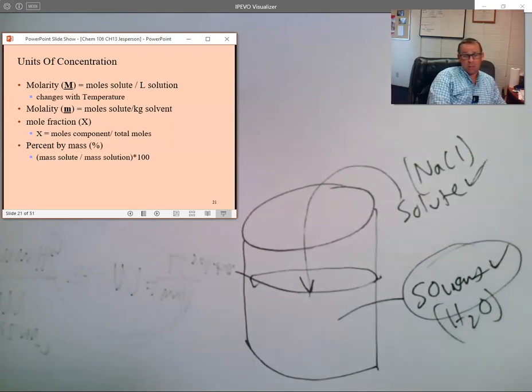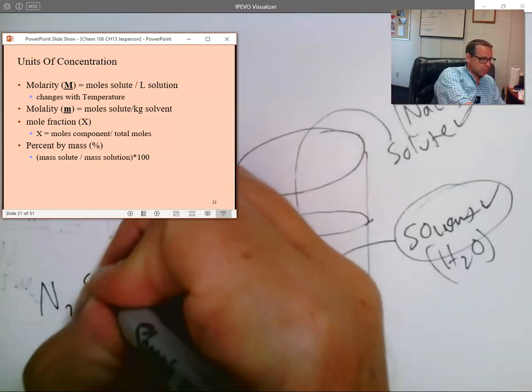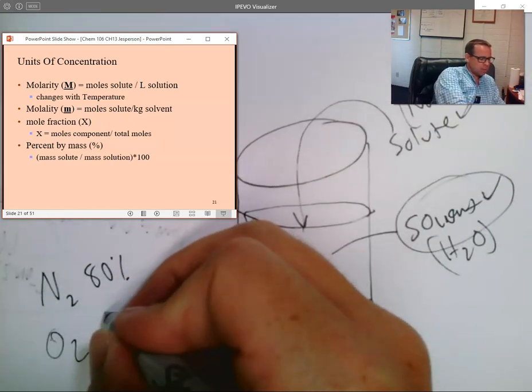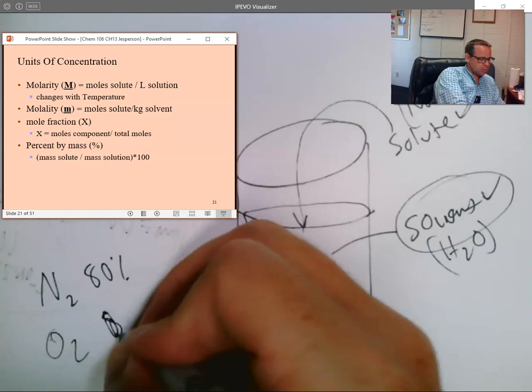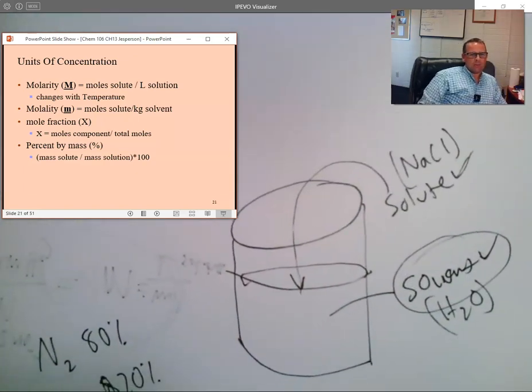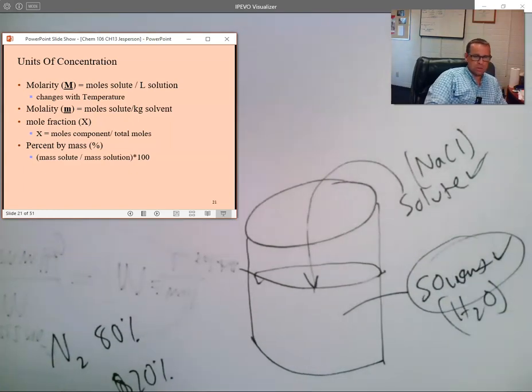I don't know, does that help when you think about air? What's in the greatest amount when we're talking about air as a solution? Would that be nitrogen? That's right, nitrogen gas, because nitrogen gas is about 80% in the air, with oxygen gas being almost the rest, which is about 20%. Okay, very good. So, solutions, solute, solvent, a little bit of a review there.